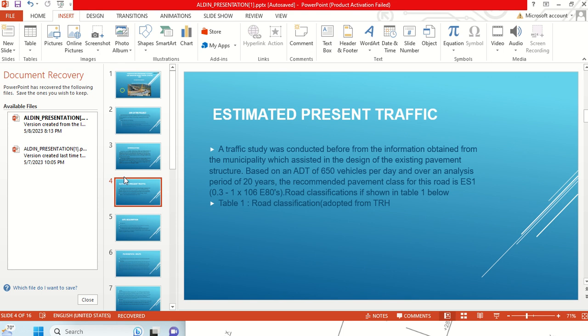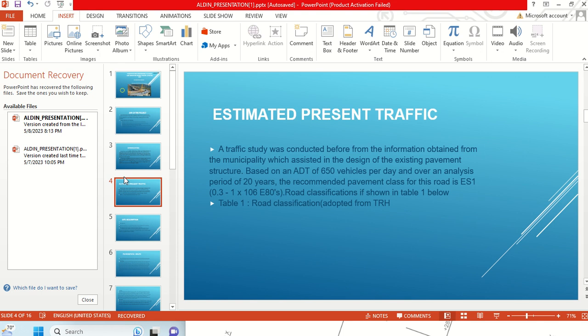Before you design a road, you need to know or estimate the number of cars that use that road in a day, in a year, or in a month, and that will determine the design that you need to do. That information gives you an idea of what is expected of you to design.